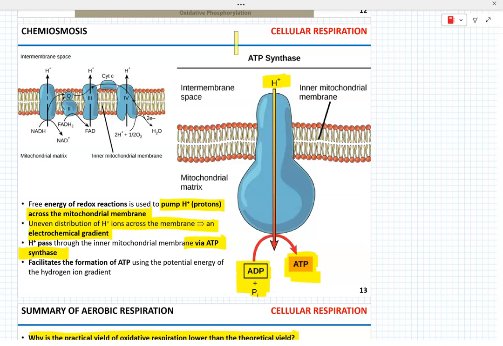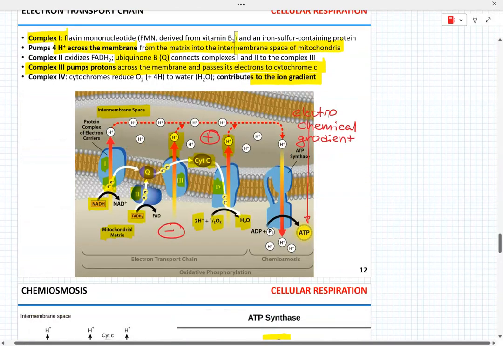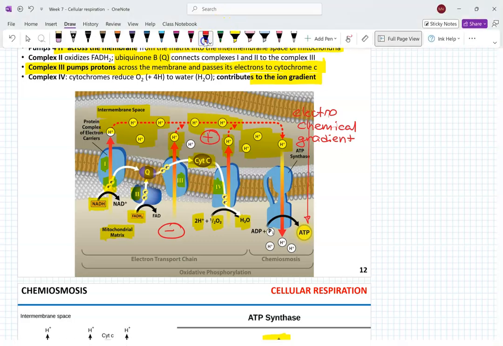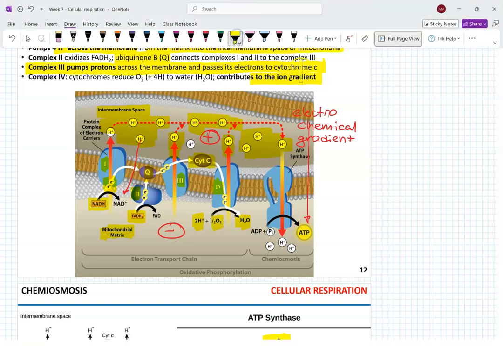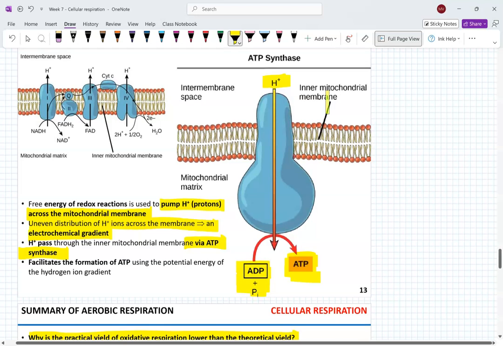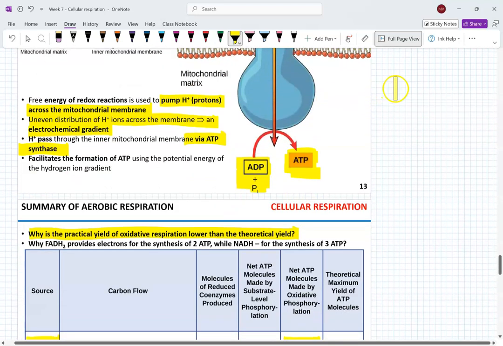So some of the hydrogens that end up in the intermembrane space manage to bypass ATP synthase and essentially cross the membrane directly, which explains why the potential energy of the gradient is not used in its entirety.